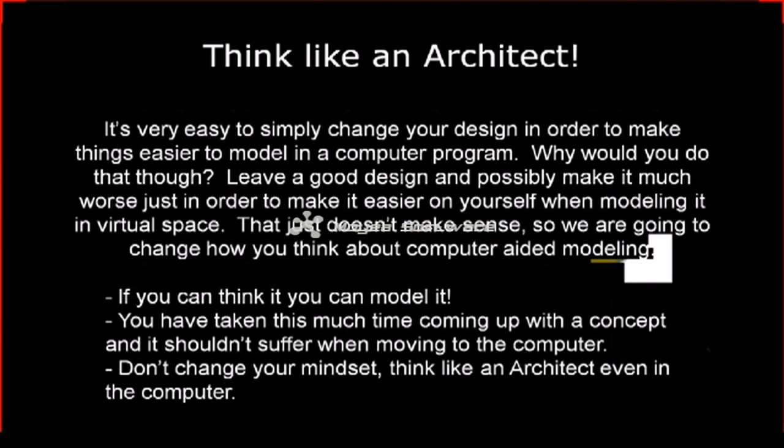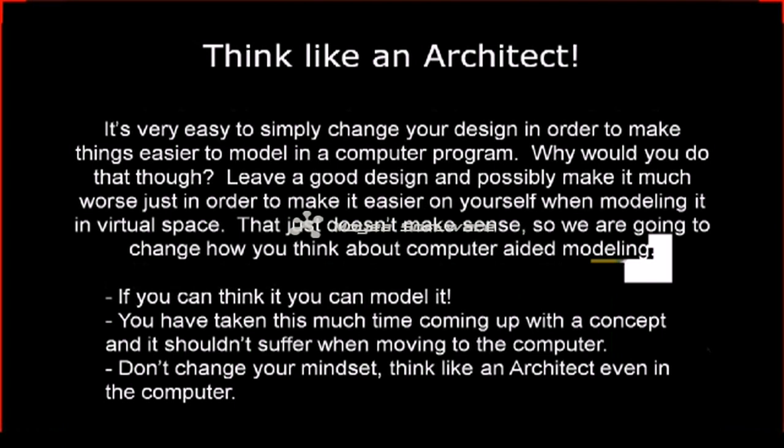All right, so this is kind of long, but we'll try to break it down a little bit. Thinking like an architect, basically it's very simple to change your design in order to make it easier to model on the computer, especially when you've never used that program. I see a lot of people jump into SketchUp or ArchiCAD or Revit and not have a clue what they're doing, but they immediately start using the wall tool as a wall, and they think that a wall is always going to be a wall and the roof is always a roof, and they don't think there's any relationship between anything.